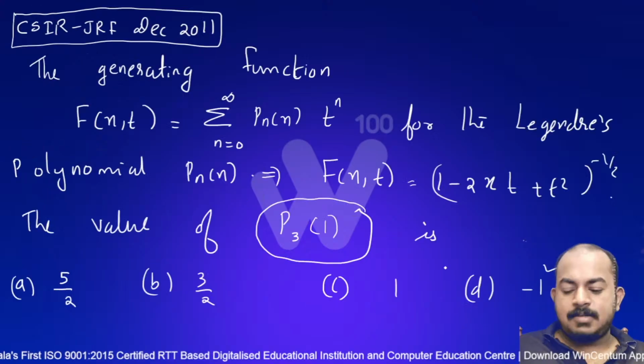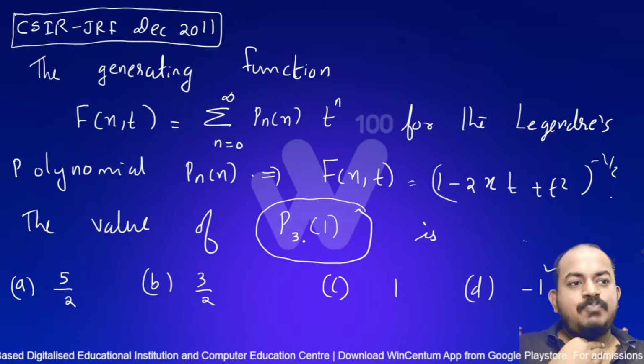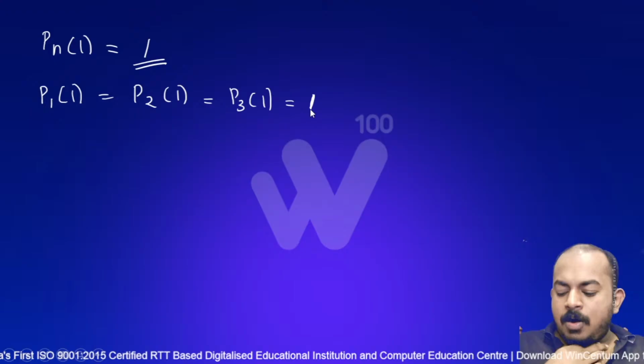We already learned that Pn of 1 is always 1. Whether it is P1 of 1, P2 of 1, or even P3 of 1, it's always 1. This is the first method.